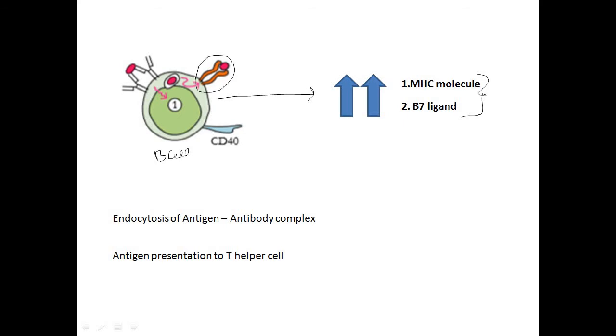So this is the initial event that takes place when a foreign antigen binds to the antibody present on the B cell surface. So signal 1 is generated, and after the generation of signal 1, MHC2 molecule expression is increased, B7 ligand expression is increased, and then they are presented on the cell surface.